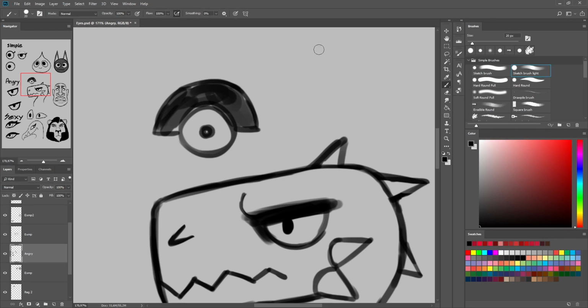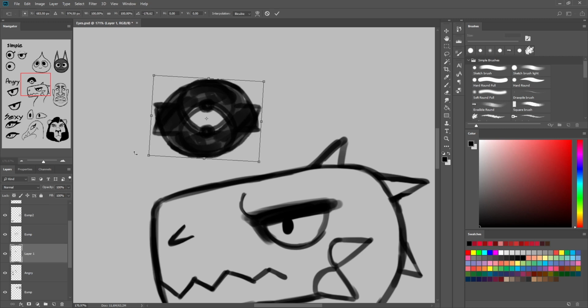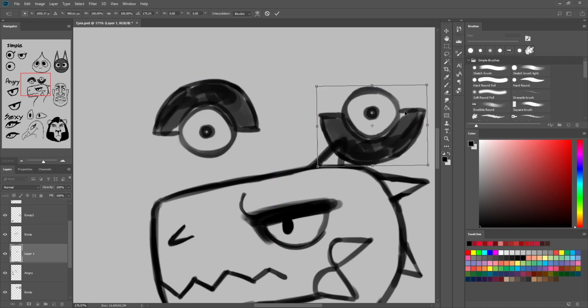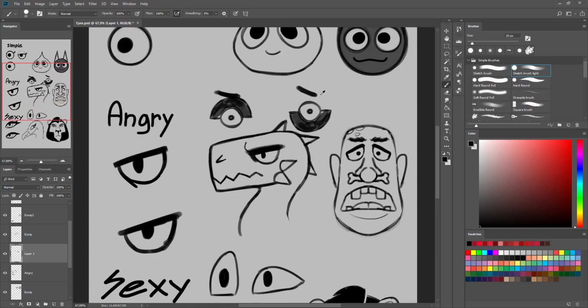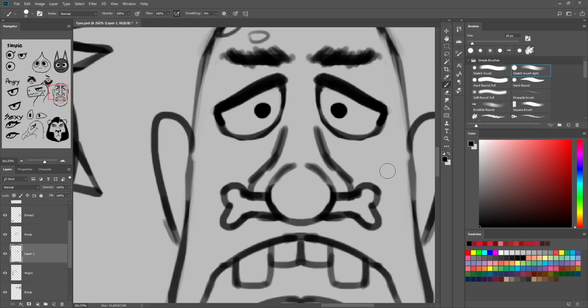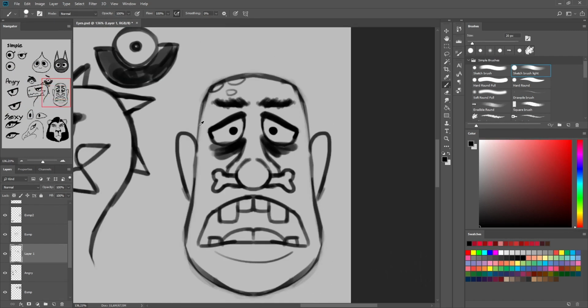But if we reverse it, then the character will look tired. And this is actually a theme with everything in our bodies. If you draw something and then you reverse it, it's an opposite emotion. Obviously it would look better if we had an actual example here, but immediately we see that he looks tired, malnourished.